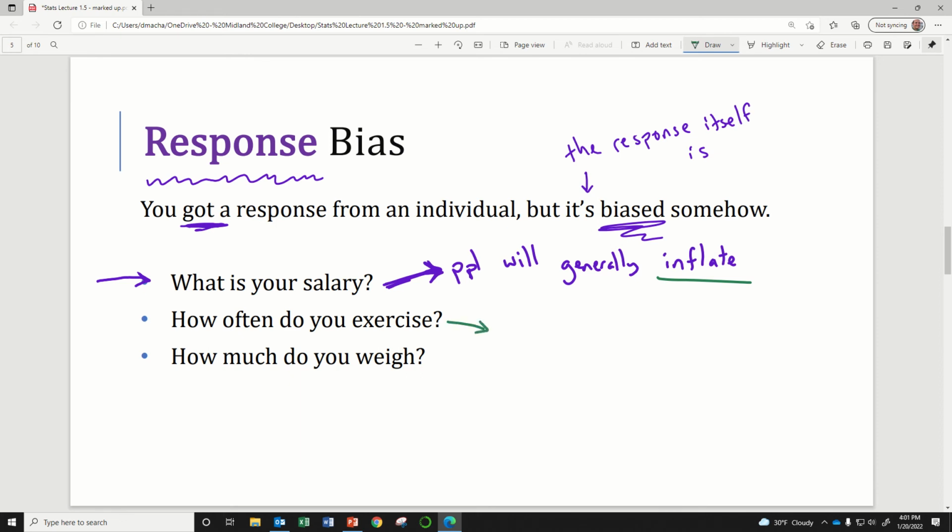Or, if you go to the dentist's office, and the dentist asks you how often do you floss, you're more likely to inflate that number and say, oh, I floss 3 times a week, even if in reality you only floss 1 time a week. And same thing about if you're asked how much do you weigh, people tend to underestimate this number, right? And so I had an experience maybe last year where I went to the doctor's office and they asked me, how much do you weigh?